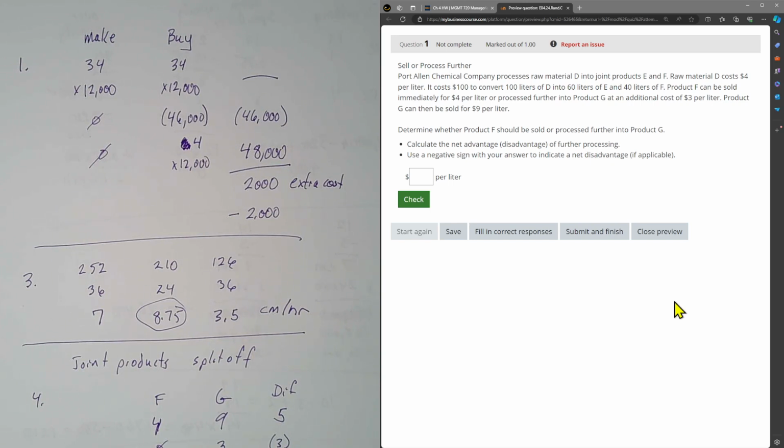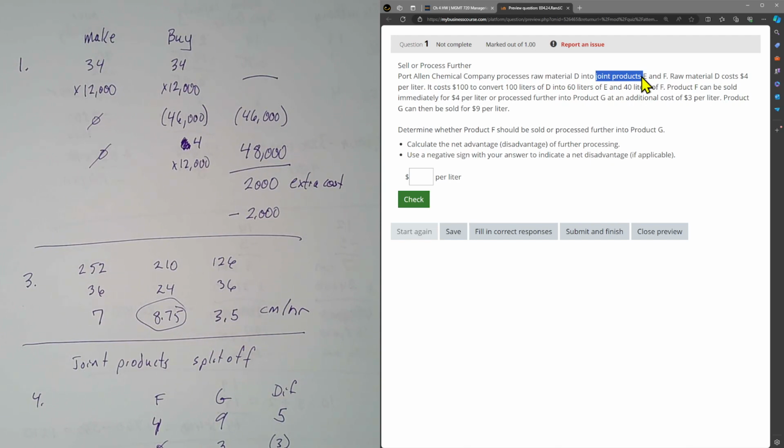Okay, so I'm just going to guess that your head's kind of swimming from all this stuff, and where do you start? So remember, on sell or process further, we had the concept that sometimes similar products start with the initial stage and then they split off, right? So here they even tell us that they're joint products, meaning they share an initial production stage.